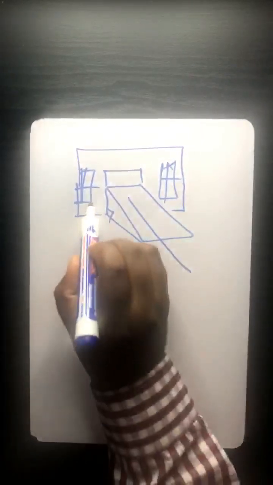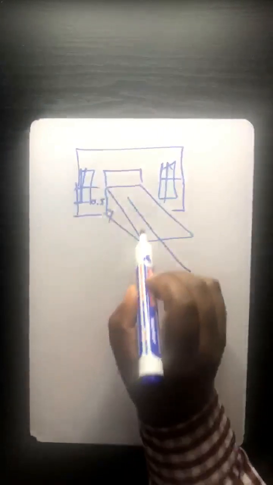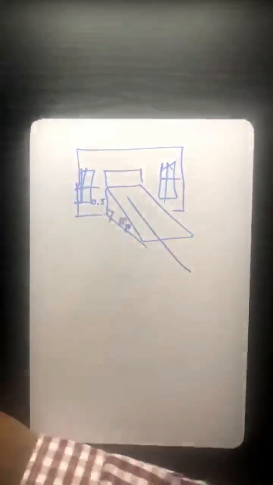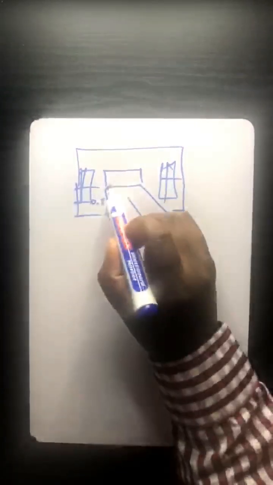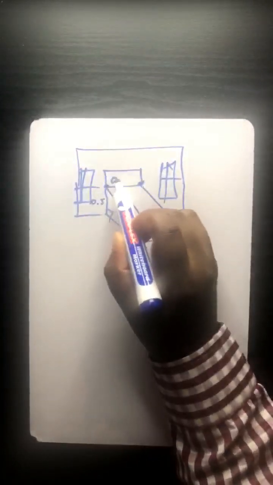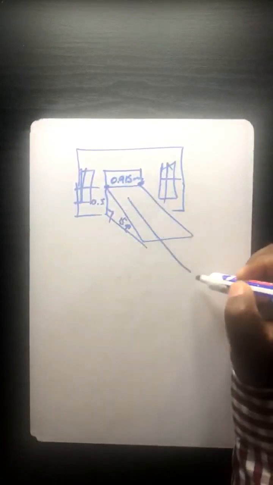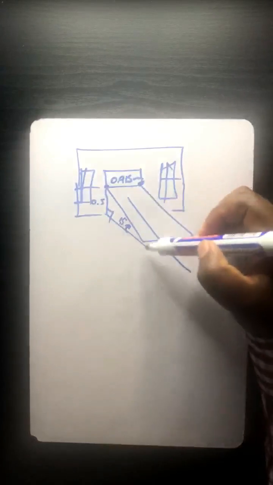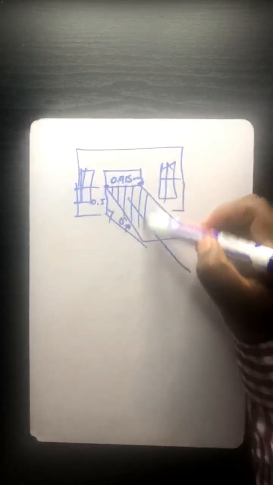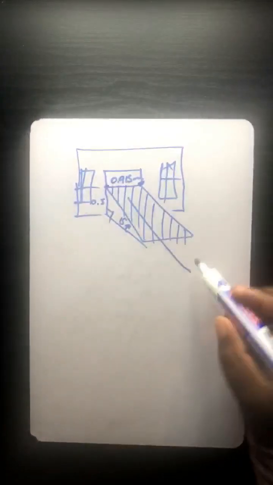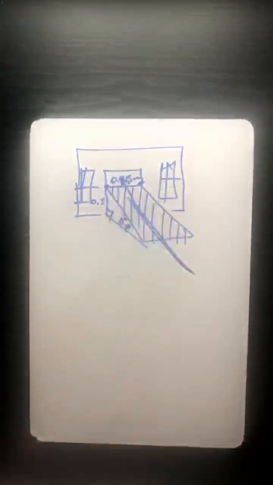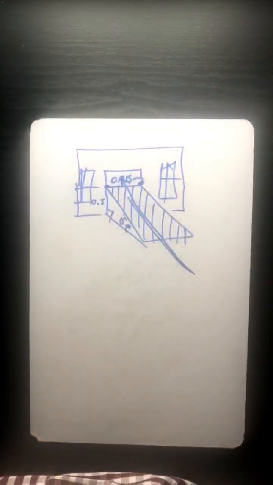They're saying this height is 0.5 meters. We have an angle of inclination of 15 degrees, and then the entrance is 0.915 meters. I'm doing this so that you can visualize that entrance. You don't need to worry about this part of the drawing on the ramp. Just visualize this as a ramp where a car will need to drive into the building, which is the entrance.